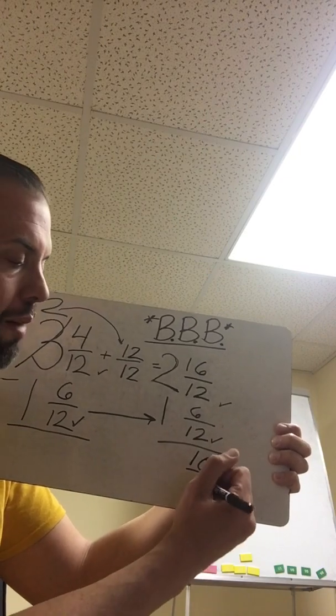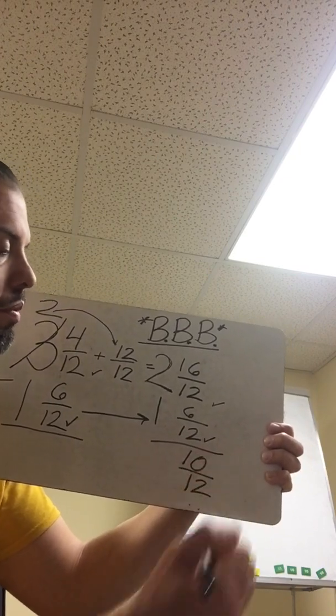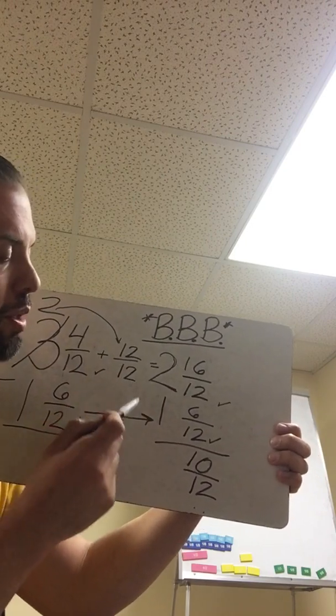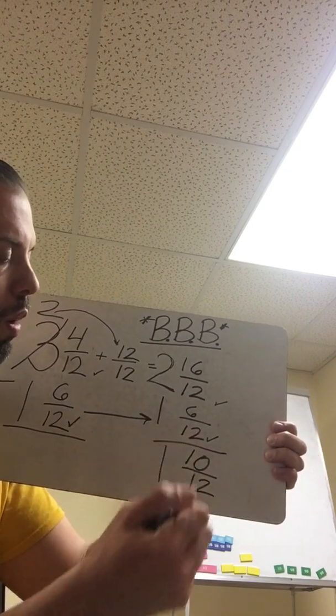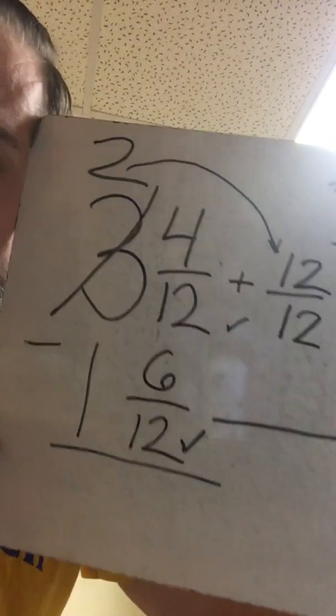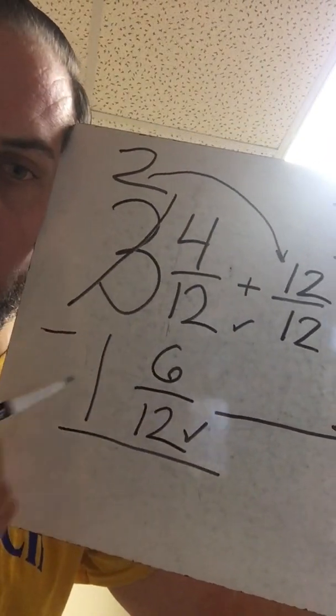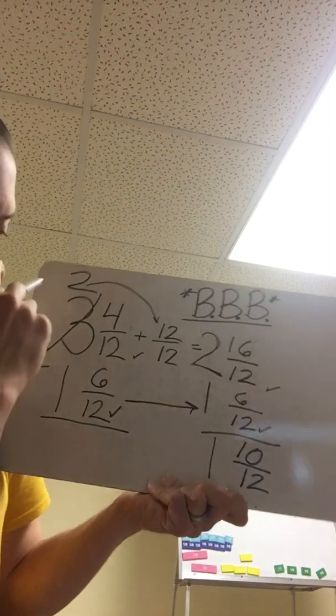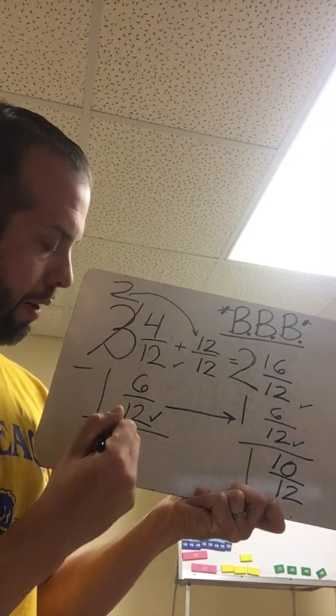Denominator stays the same, 12. Subtract your wholes. 2 minus 1 is 1. So my answer to this problem, 3 and 4 twelfths minus 1 and 6 twelfths, is actually 1 and 10 twelfths. So I'm going to write that right here.